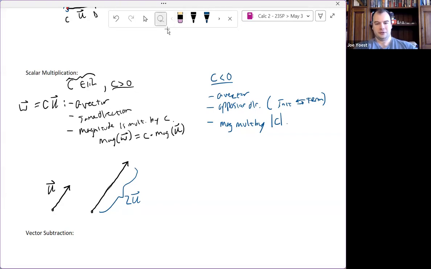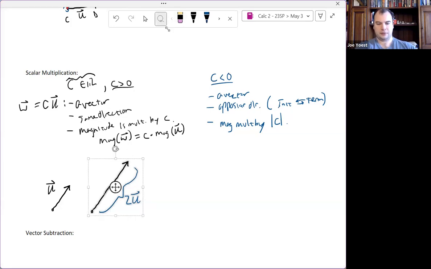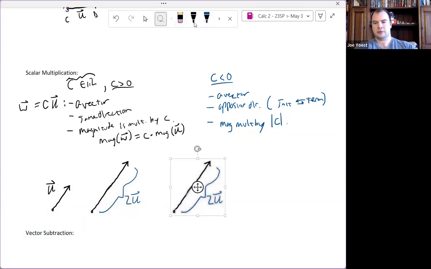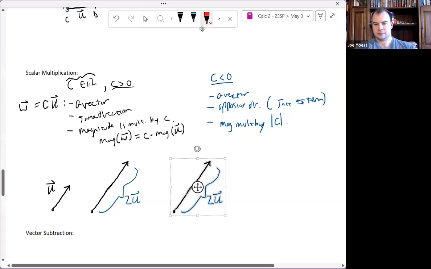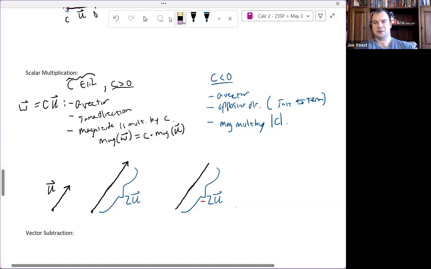If I had negative 2u bar, what does that change? That changes the initial and terminal points.